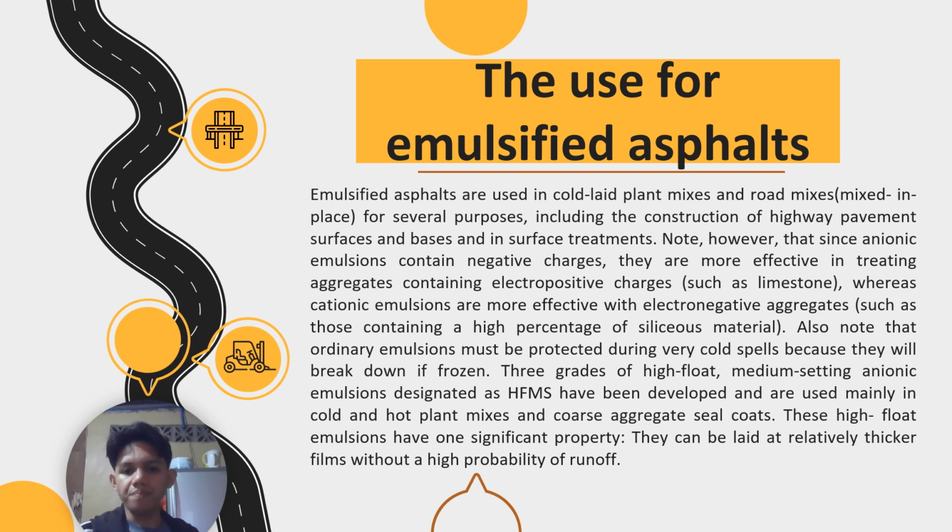Note, however, that since anionic emulsions contain negative charges, they are more effective in treating aggregates containing electropositive charges such as limestone, whereas cationic emulsions are more effective on electronegative aggregates such as those containing a high percentage of siliceous material.